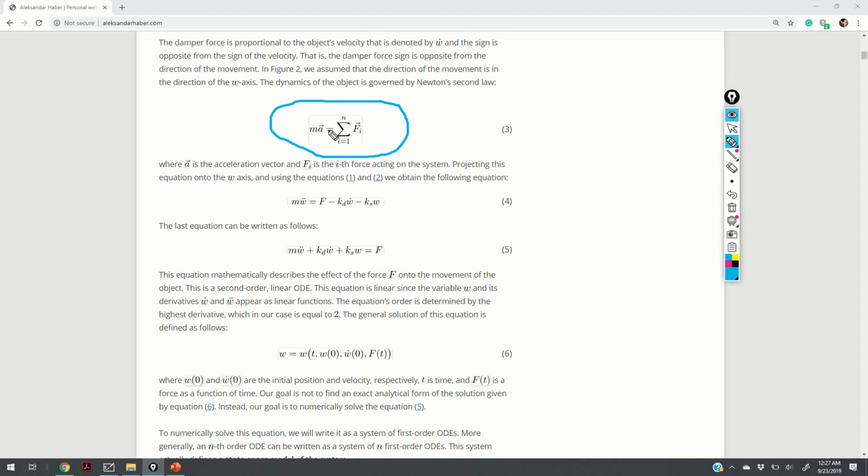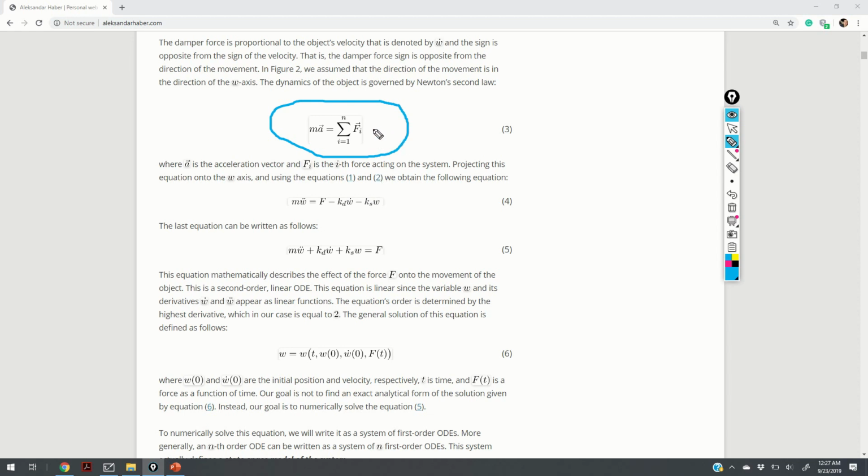So mass times the vector of acceleration equals the sum of all the forces acting on the body. In this case, we can approximate the body as a material point, since we are not considering a rigid body motion in 3 dimensions.